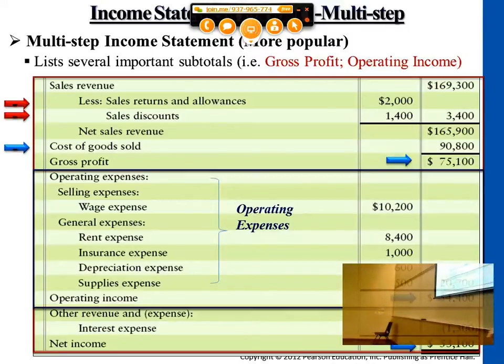The second one captures all the major expenses that relate to selling the products, marketing the products, anything that relates to stores and administrative offices. The third section, minor expenses and revenues. So there are 3 subtotals that you would see in the multi-step income statement. It gives more detailed information to outside users.